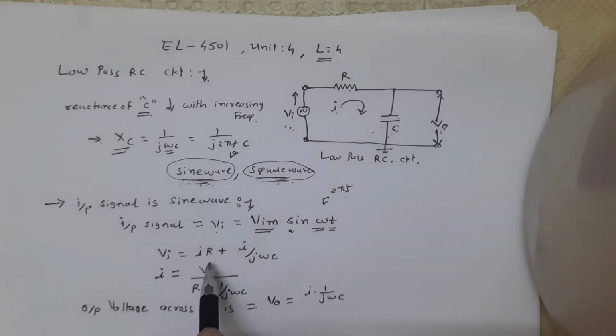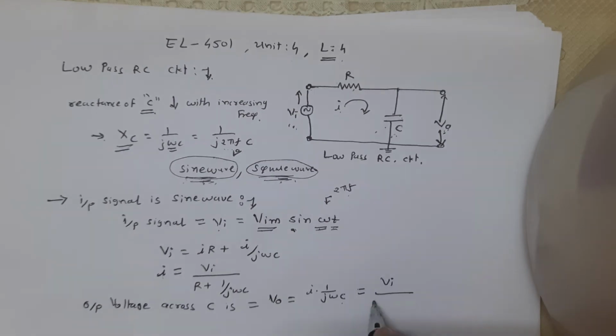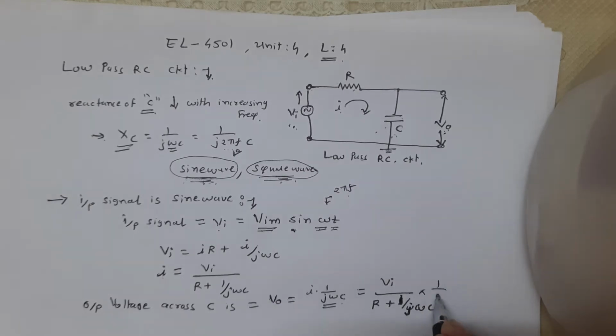I is equal to Vi upon R plus 1 upon j omega C. So put this value of I here, then this is equal to Vi upon R plus 1 upon j omega C, into 1 upon j omega C.